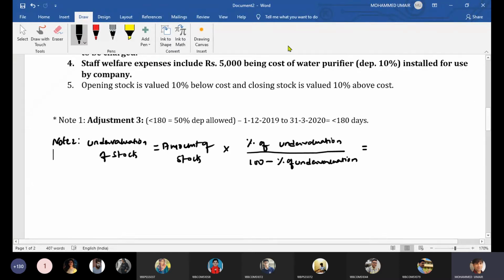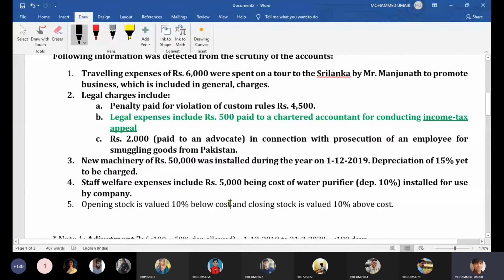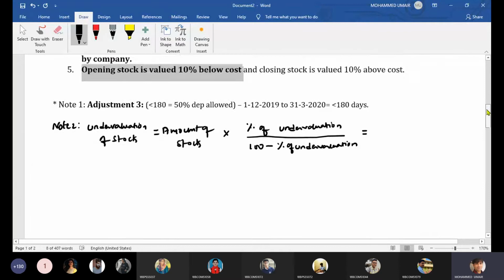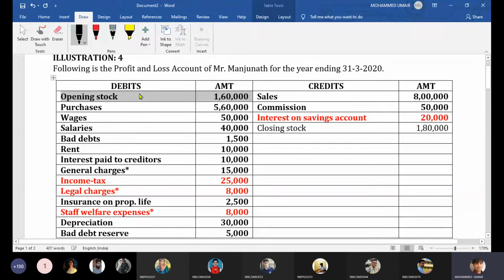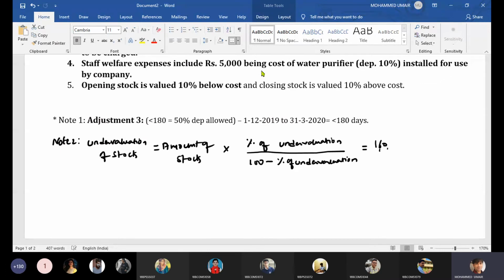So what is the amount of stock which is being undervalued? Which stock is being undervalued first of all? So opening stock is valued 10% below cost. So opening stock is undervalued. So what is the value of opening stock? 1,60,000. So 1,60,000 into 10 divided by 100 minus 10. So let's do the calculation. You get 17,777. Let's make it 778.